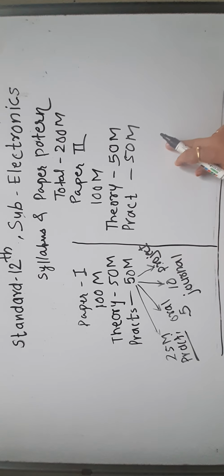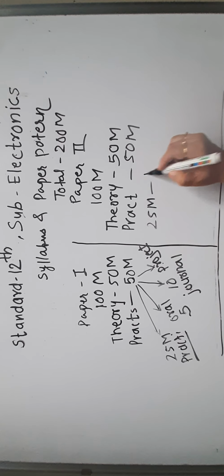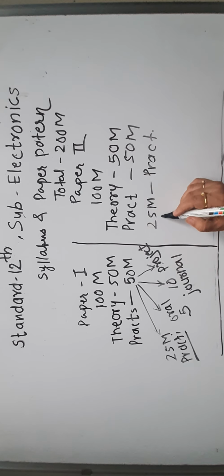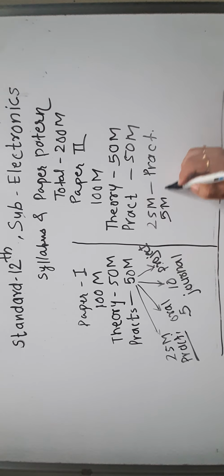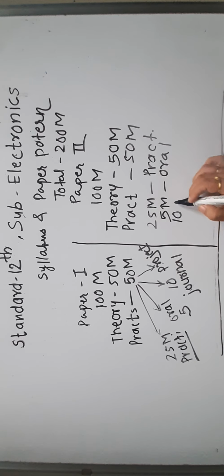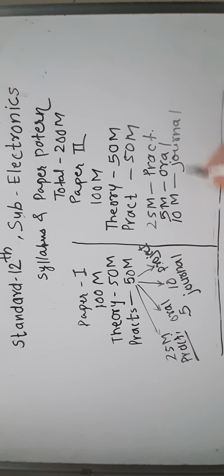Here also the same pattern is applicable. 25 marks practical exam, 5 marks oral or viva, 10 marks journal or practical book, that you have to write by yourself, and the remaining 10 marks for project.